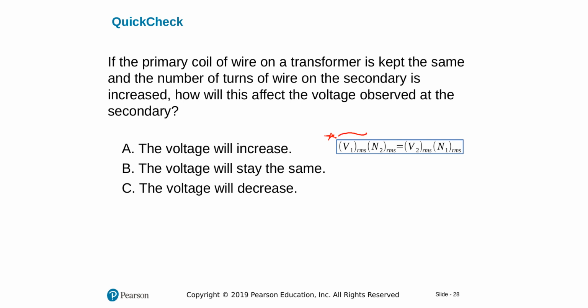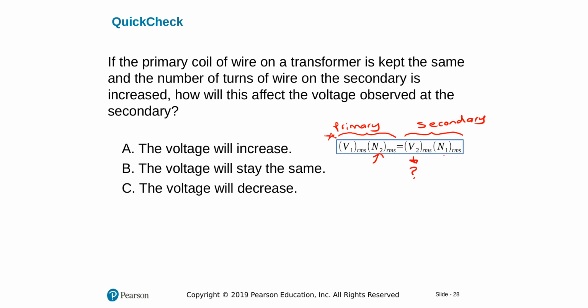This is the primary, and this is the secondary, and I'm interested in how this would change if the primary coil of wire is kept the same and the number of turns in the secondary is increased.